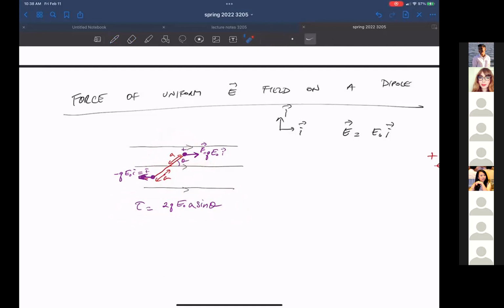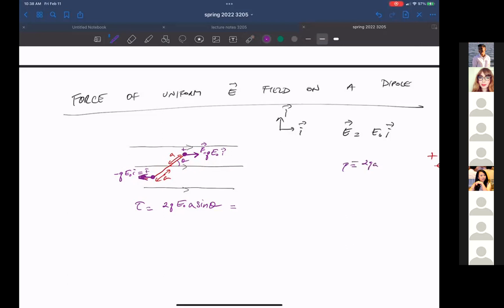But again, this whole thing isn't going to drift over, because these two are connected and the net force is 0. But there is a rotation, a rotational force. The torque is the only thing on it. Remember there's a dipole moment, which is 2QA.